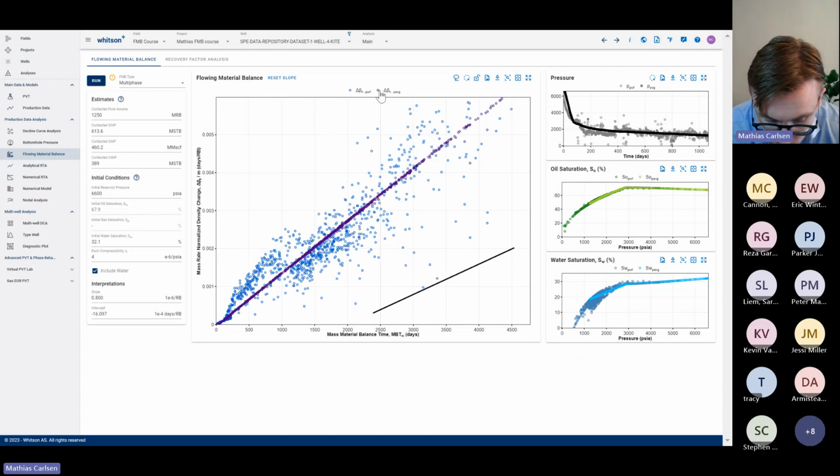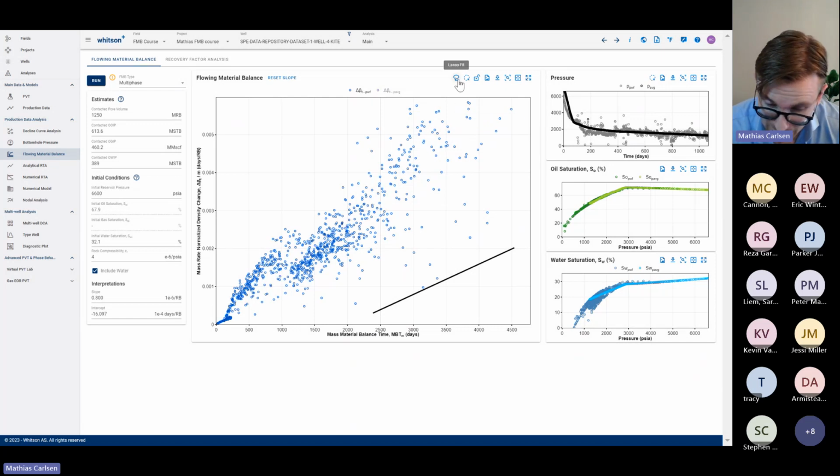If you toggle this on, I know that my last run of a contacted pore volume is not correct, because this purple line is basically interfering with the blue lines. That's also what you're seeing here in the plot up to the right, which I'll get to later. So we know that this is not the right fit.